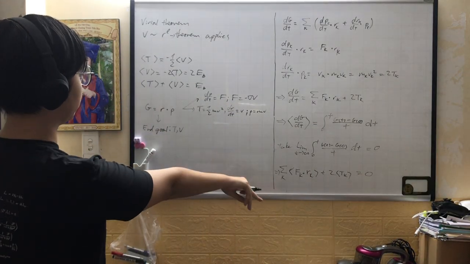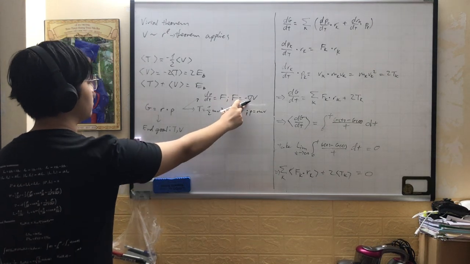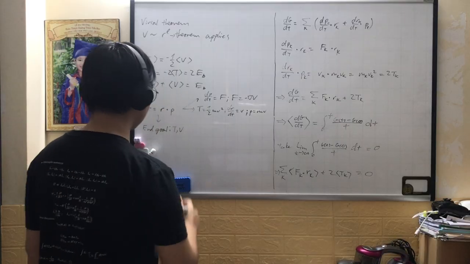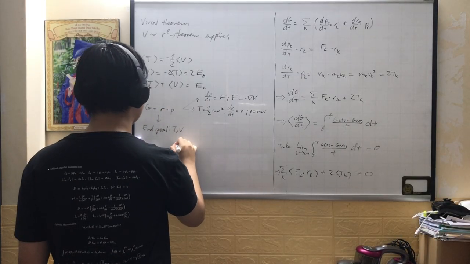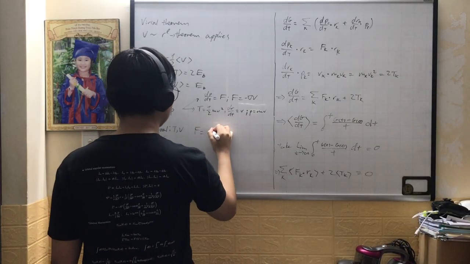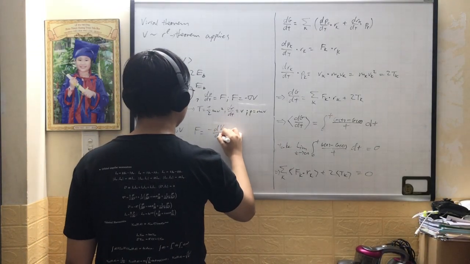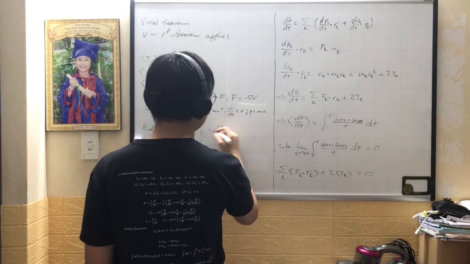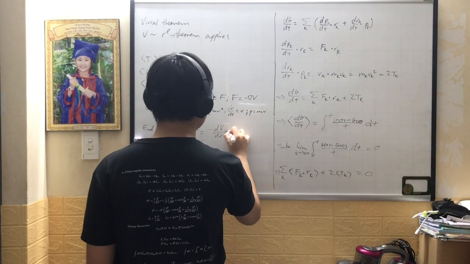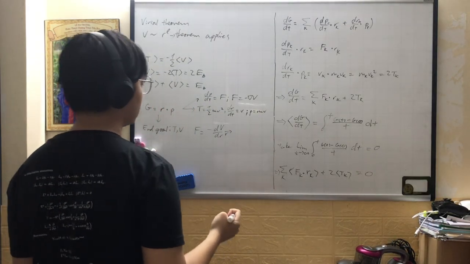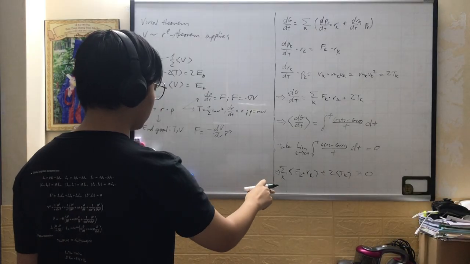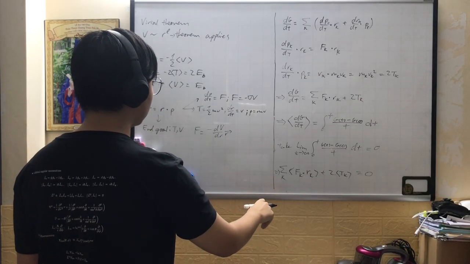Okay, so we have F is equal to minus divergence of V, meaning that we have, writing out what we have real quick, equal to minus divergence of V. We can probably put r, the unit vector. Next part is your r.